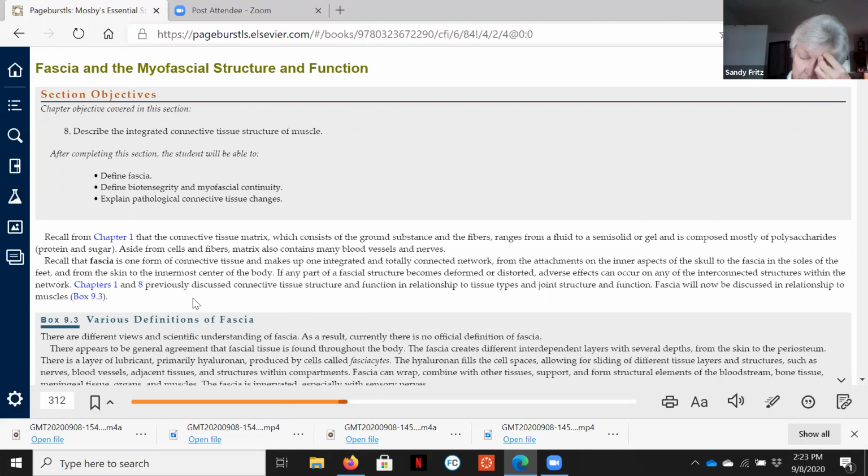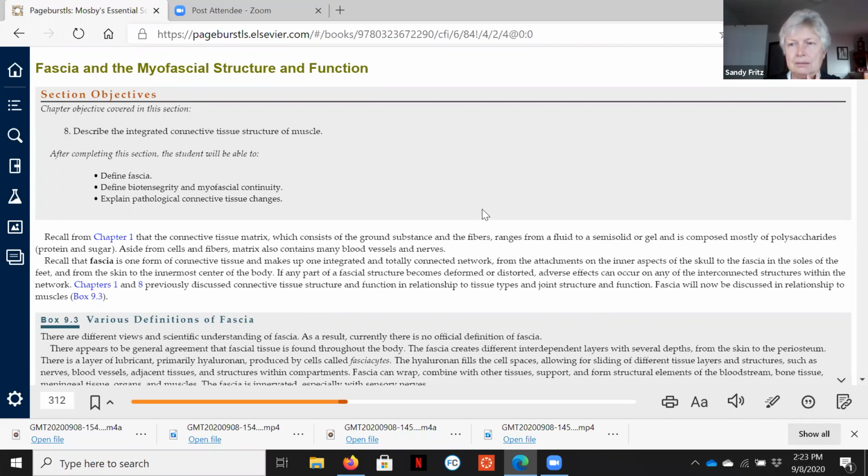So if you take a piece of meat and you boil it and boil it and boil it, you'll break down the connective tissue structure, and then you can pull more isolated muscle fibers apart.